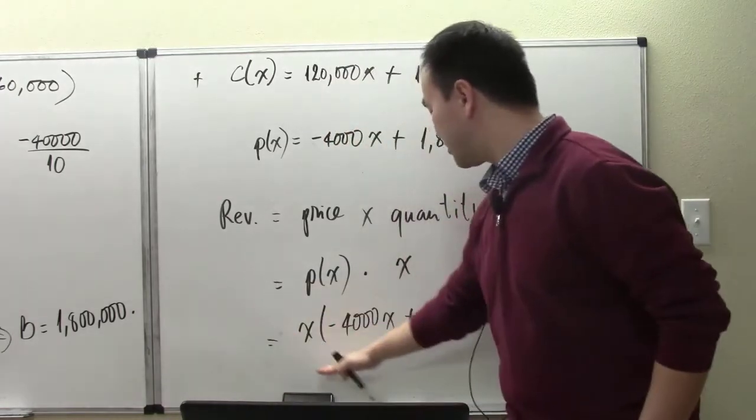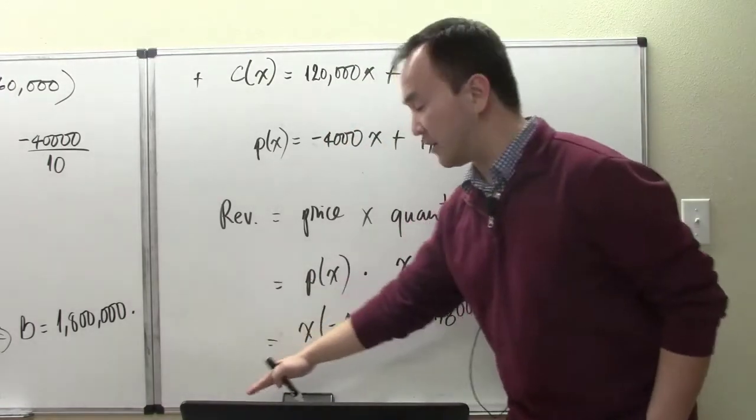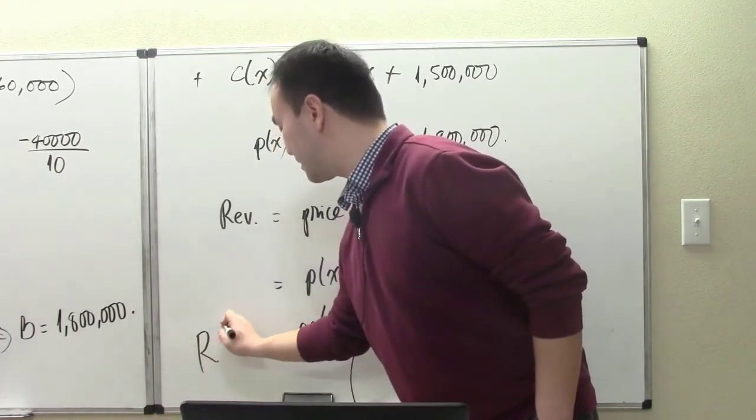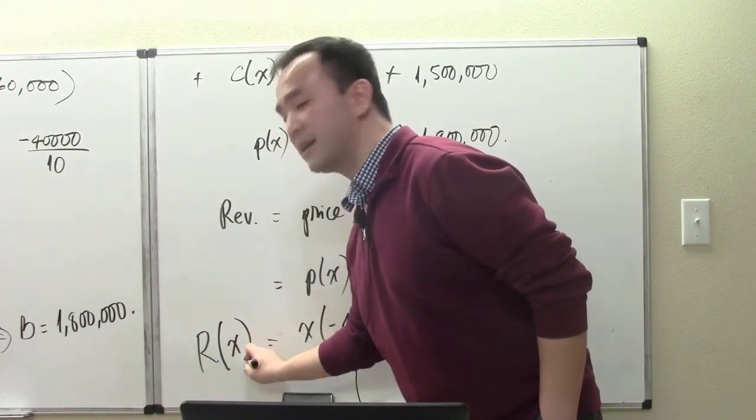And now we realize we have derived what is called a revenue function, capital R, as a function dependent on x.